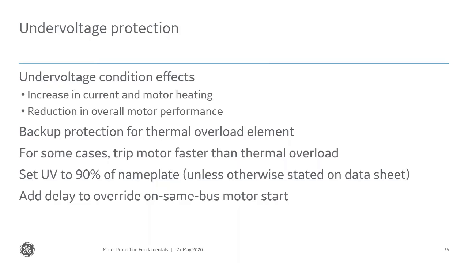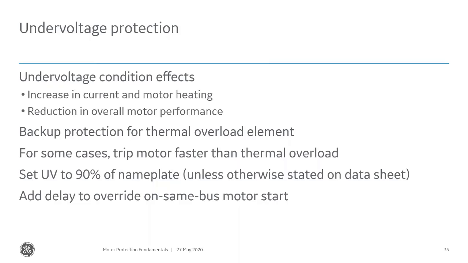That's less than this 90% that you're setting. So if you're going to use undervoltage, then you should set that with a long enough time delay so that you don't misoperate on system faults that are elsewhere in your system that would also cause a voltage collapse.